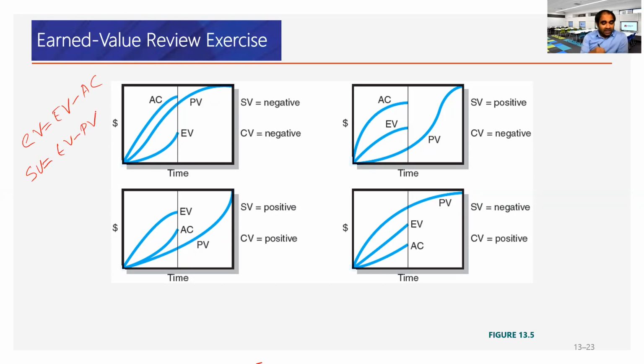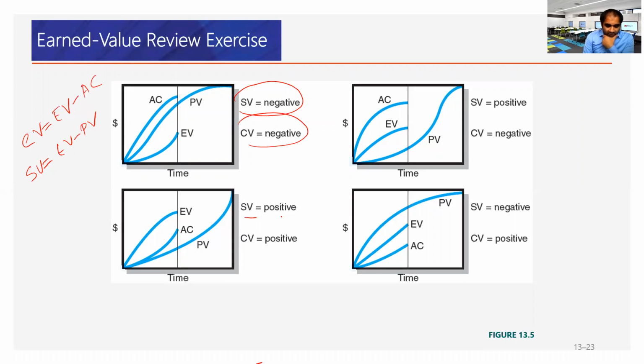So if earned value is less than PV, schedule variance should be negative. Also from actual cost, this is negative.